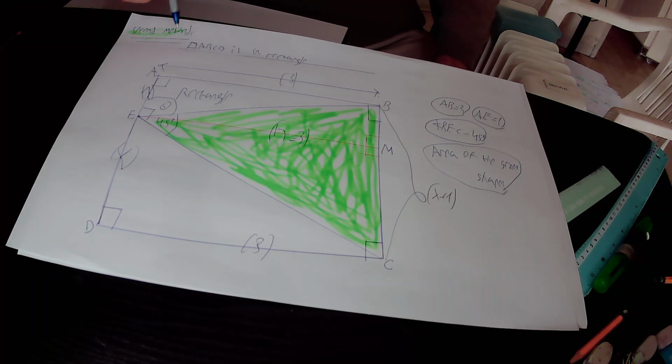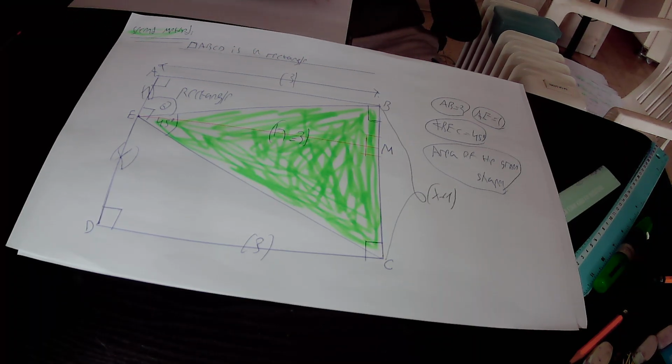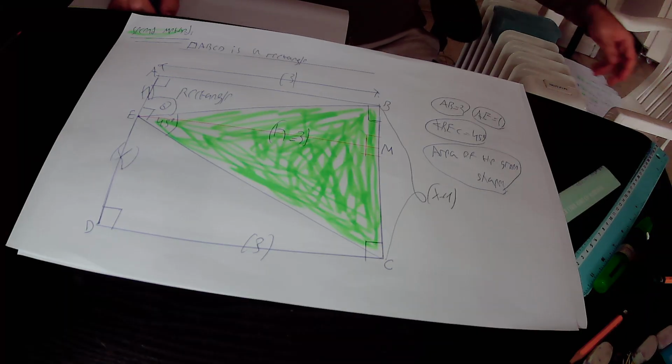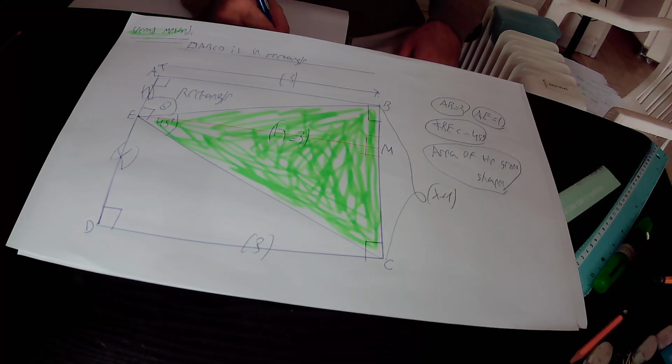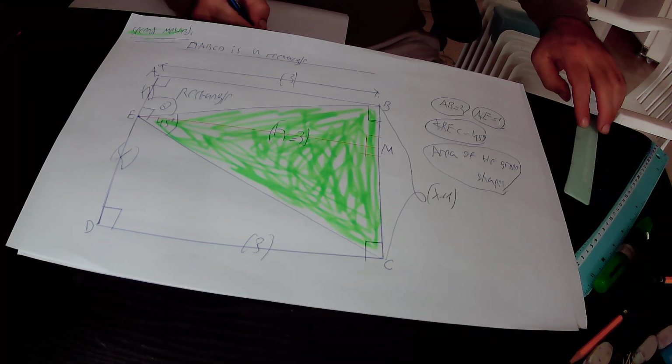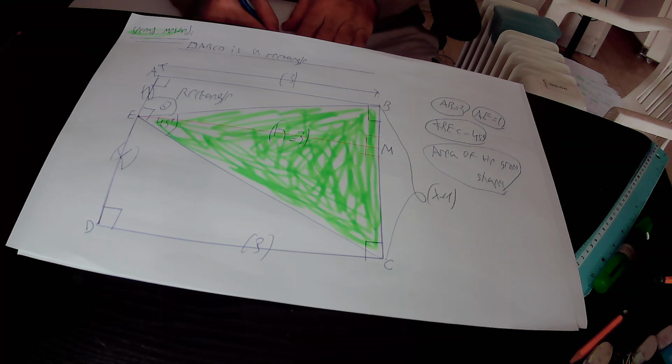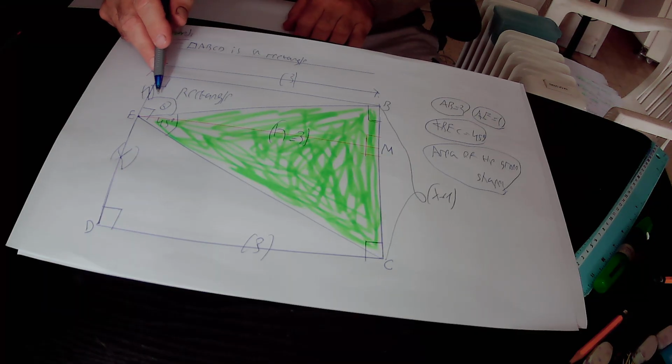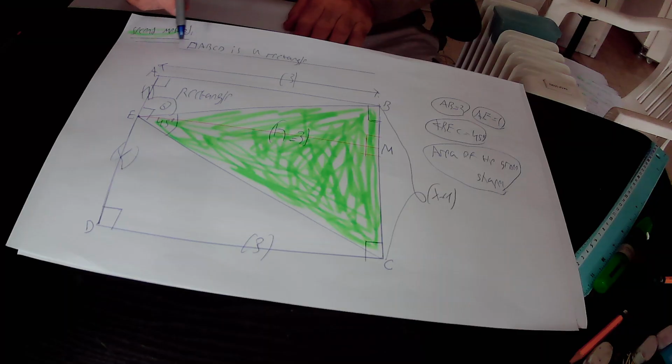This is the upper right triangle, triangle ABE. In this right triangle ABE, tangent theta equals AB over AE.